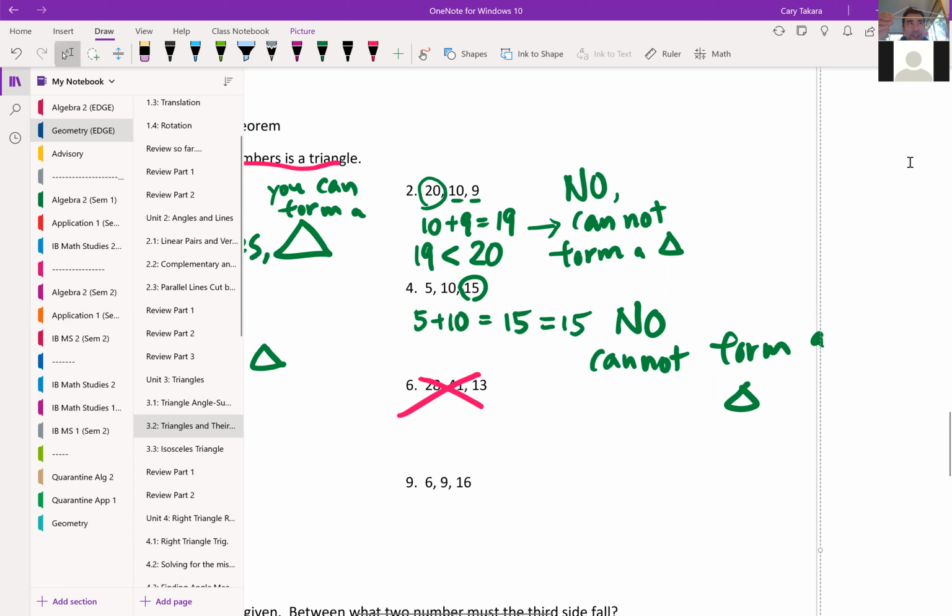Again, this is 10, this is a 5, and when they are able to meet together, it basically collapses. And it's just a straight line, isn't it? And it's not a triangle. And so for that, you cannot form a triangle. But the sum of the two shorter sides needs to be bigger than the third side, not equal to.